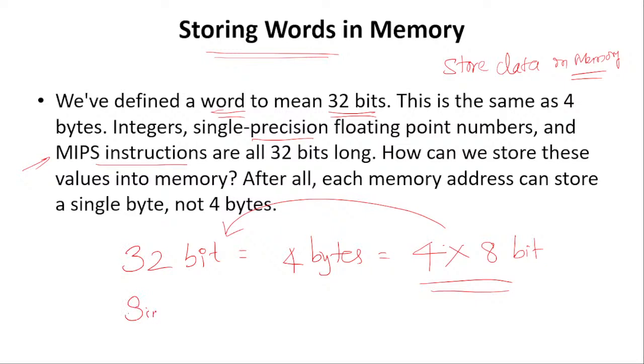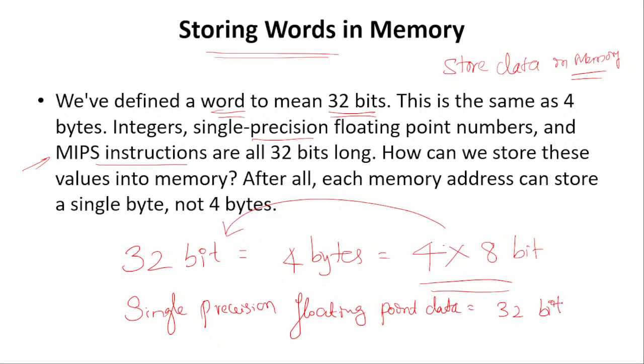You know single precision floating point data is 32 bit, right? Double precision is 64 bit. So how can we store these values in memory? After all, each memory address can store a single byte.